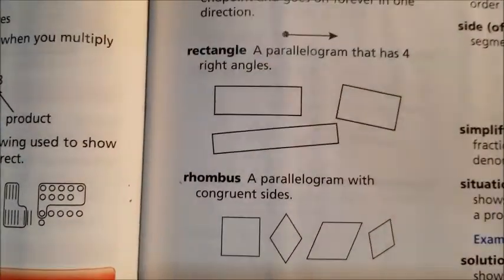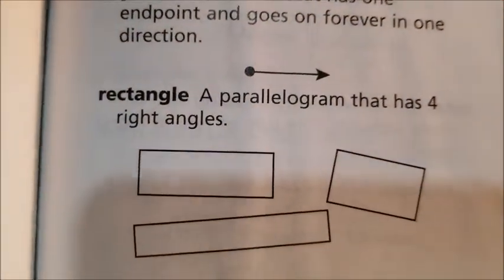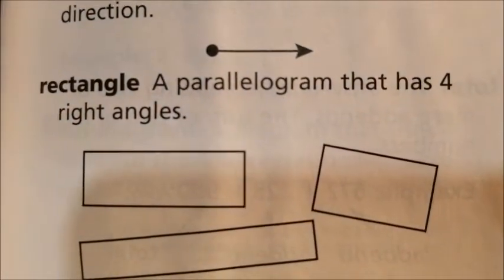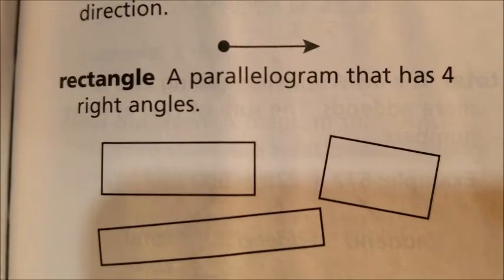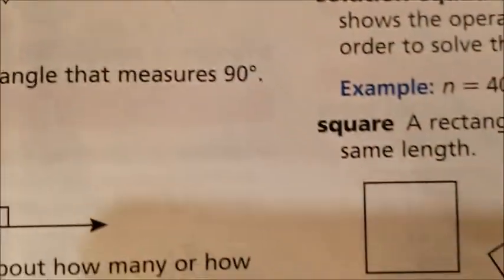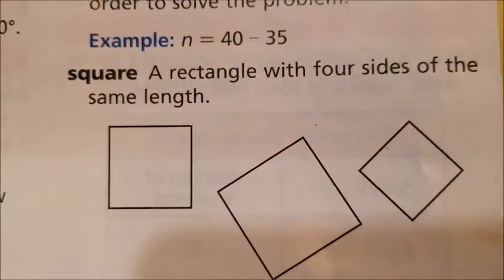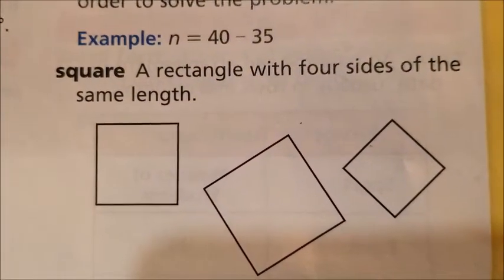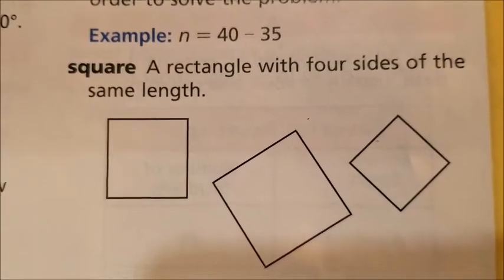A rectangle is a parallelogram that has 4 right angles. Let's check down to square now. A square, a rectangle with 4 sides of the same length.